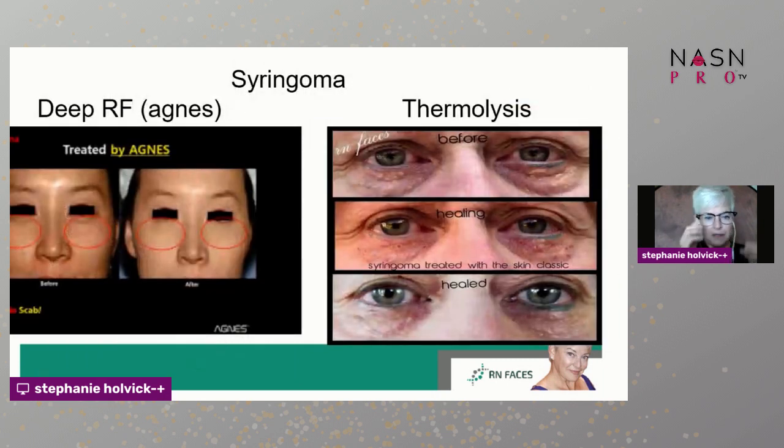So this was a little bit different. Now, there is a device out there, RF, which is a true RF that goes deeper into the skin, and it's really out of scope of practice, but I've heard so much chatter about it, and people ask me questions all the time because it looks a little similar to electrodesiccation or thermolysis, but it is actually an RF that is inserted into the skin for minor skin irregularities, and does a beautiful job on syringoma on the left.